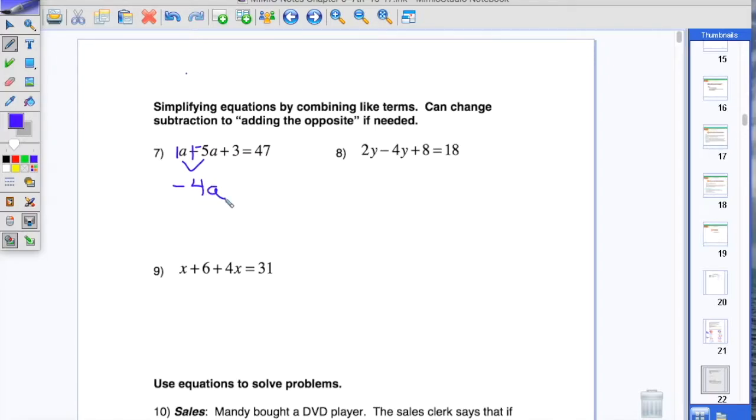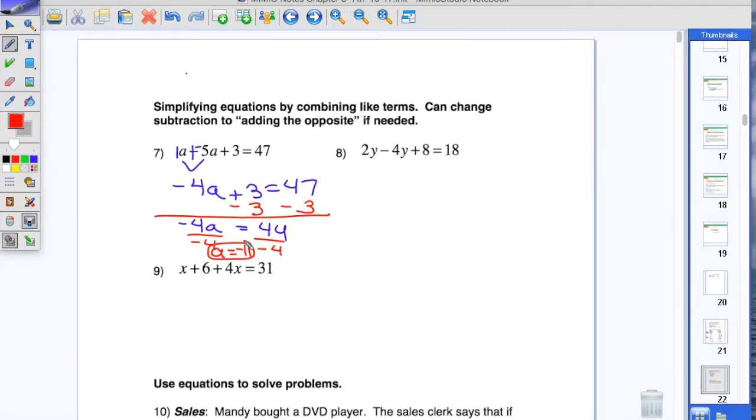So we get negative 4a plus 3 is equal to 47. Now we need to undo the addition, so we're going to subtract 3 from both sides. And we're left with negative 4a equals 44. Divide both sides by negative 4. So a is equal to negative 11.